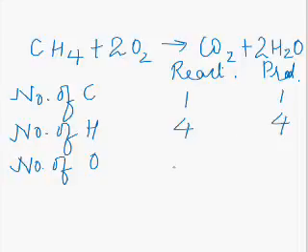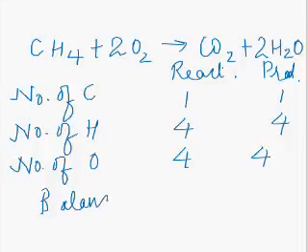The number of oxygen atoms is also 4 on both sides. Now our equation is a balanced chemical equation because it contains an equal number of various types of atoms in reactants and products. So this is a balanced chemical equation.